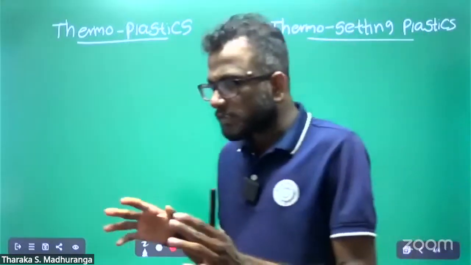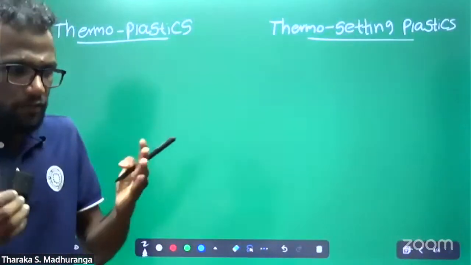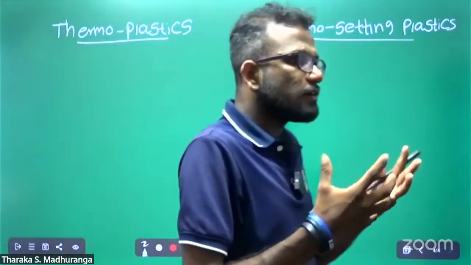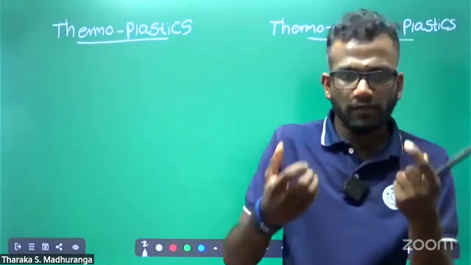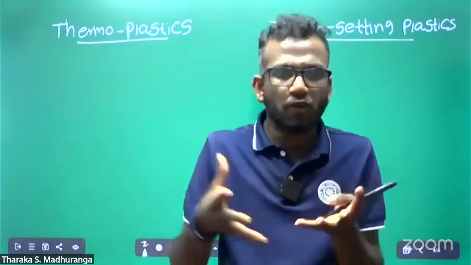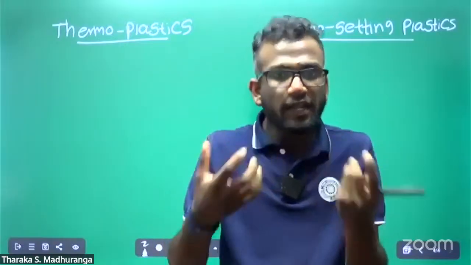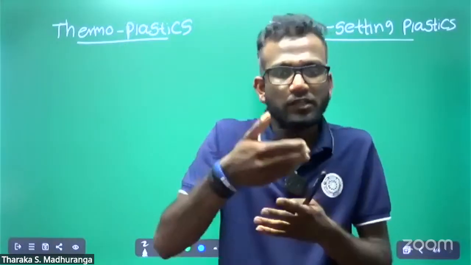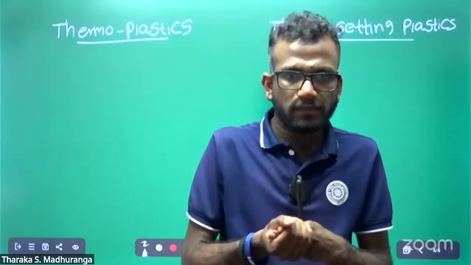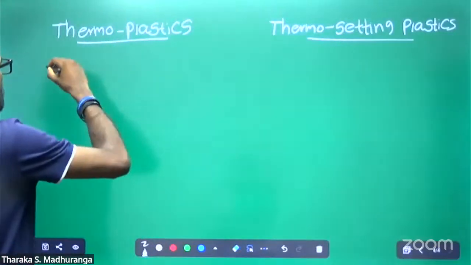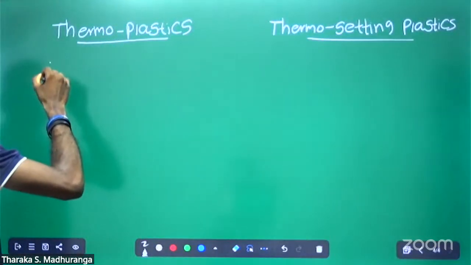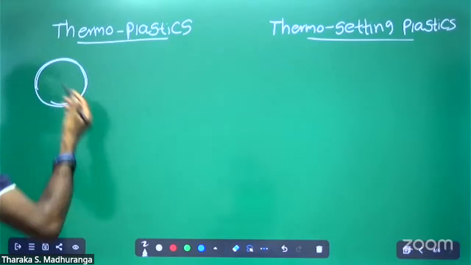In thermoplastic, when we heat it, we can deform the shape, and by heating again we can get back to the same previous shape. Think this is the object.